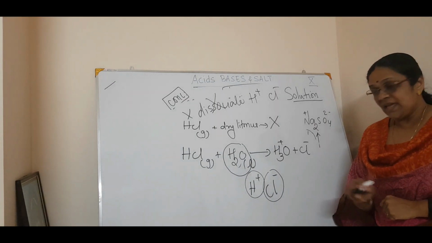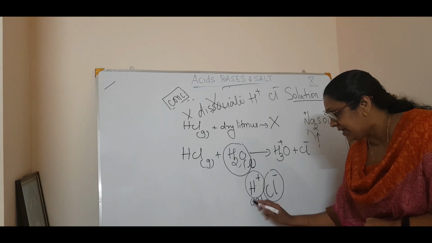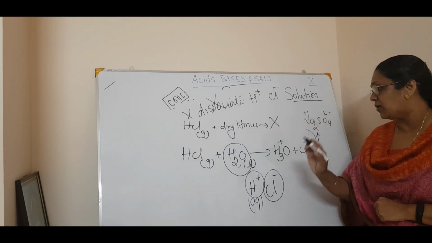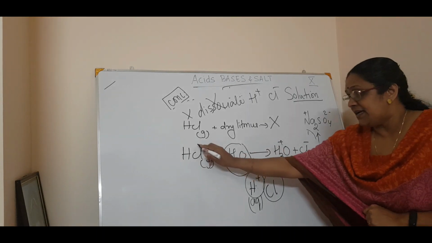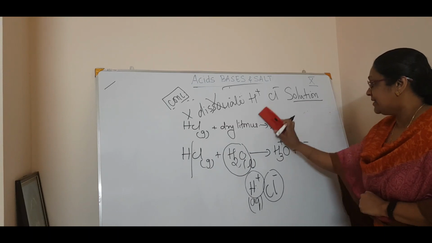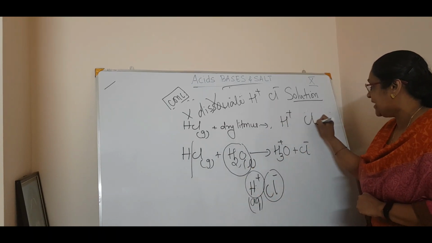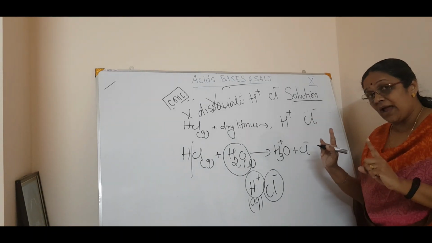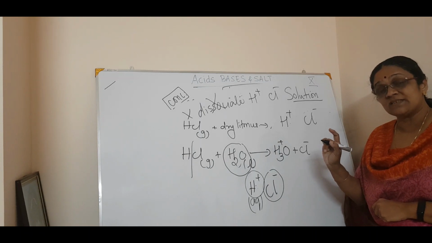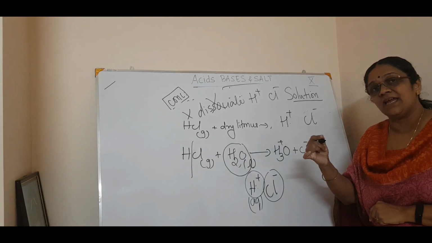See, here you can write H plus aqueous. Why? Because HCl dissociates to form H plus and Cl minus, isn't it? Now what happens? This H plus cannot exist independently.